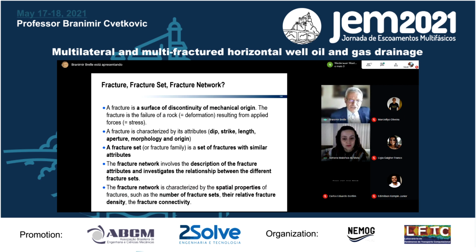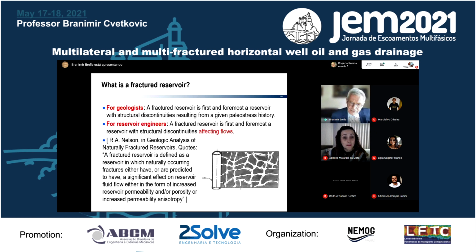So these naturally fractured reservoirs are really what you have here. This, what is here, very dark, is your matrix. This is your M, and this is your fracture.